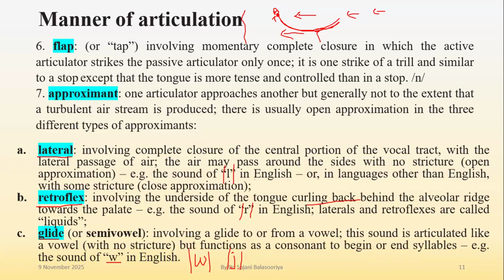But when we produce vowel sounds, the airstream flows through the vocal tract very freely. We do not disturb it. There's no blockage. Similarly, when we produce these two semivowels, the airstream is not blocked, no stricture, but it functions as a consonant to begin or end syllables.